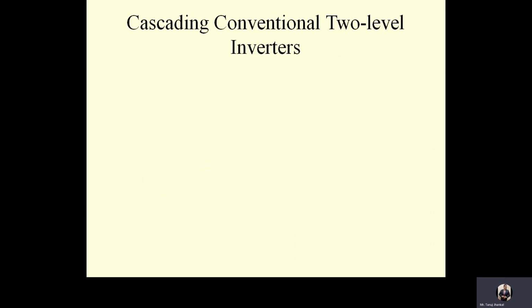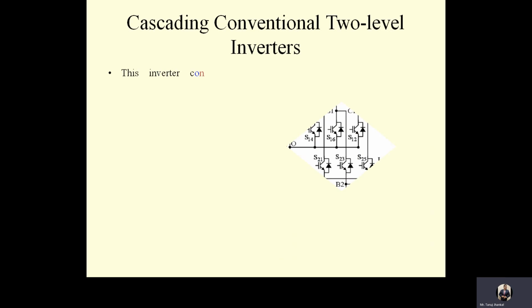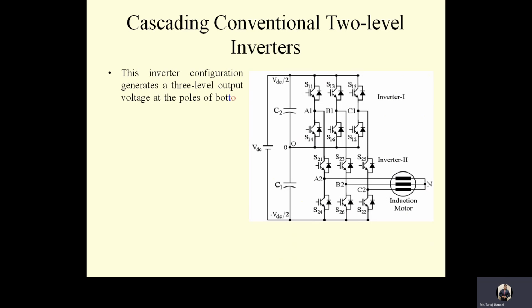Now, cascaded conventional two-level inverters. A multi-level inverter scheme is presented by cascading two-level inverters as shown in the figure. This inverter configuration generates a three-level output voltage at the pole of the bottom two-level inverter.